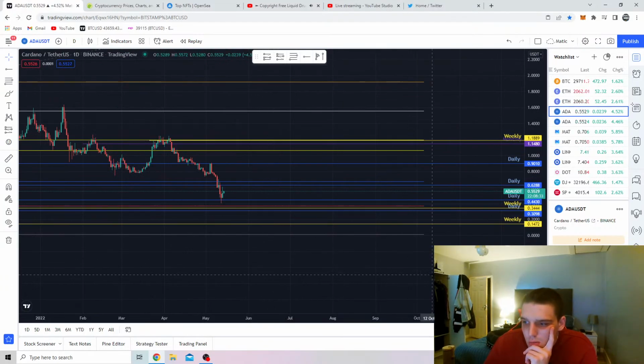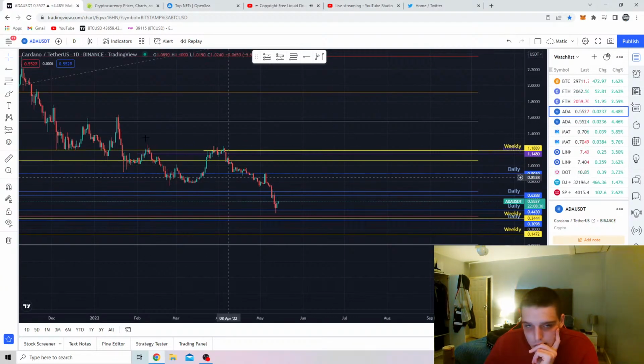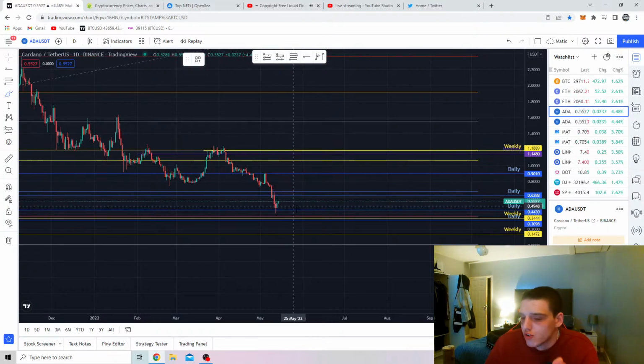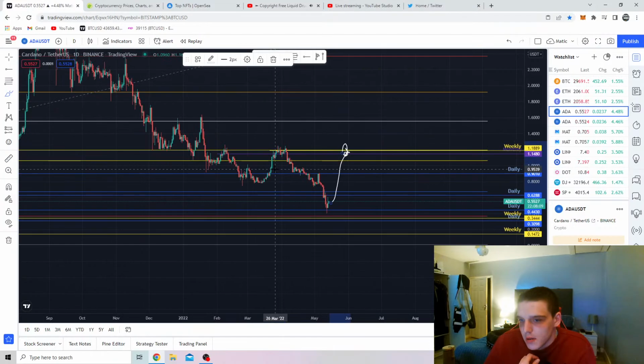Essentially with Cardano, obviously, if Bitcoin can continue in a bullish uptrend, market structure is still bearish, so we're still in a bearish trend. But hypothetically, if we can, this area here would be a very nice area for a potential short.